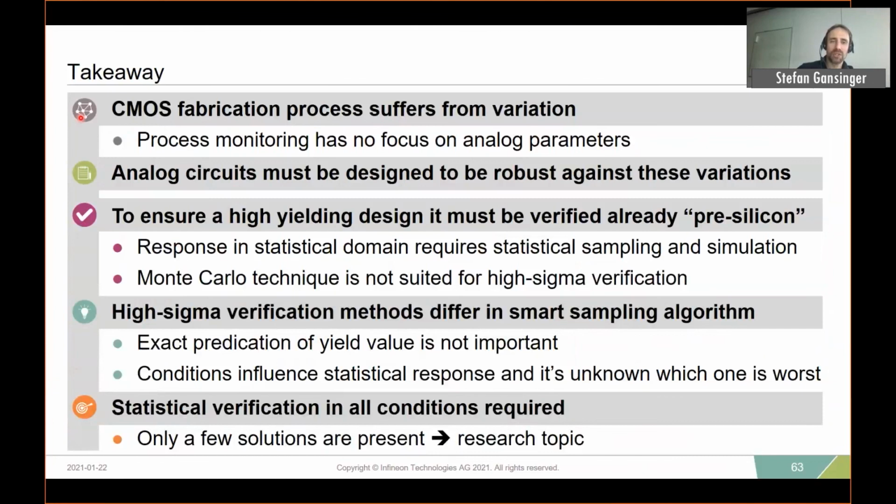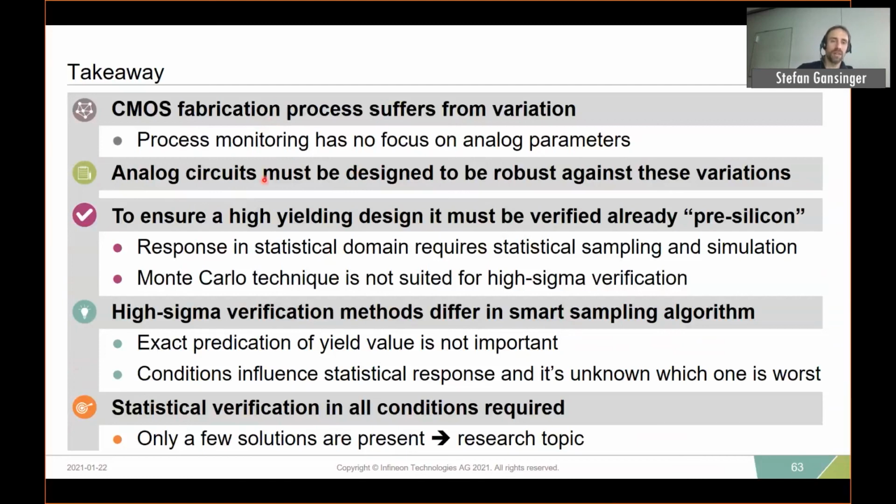In the beginning, I tried to show you that the CMOS fabrication process suffers from certain variations. Yes, there are some monitoring structures on a wafer, the PCM structures, but these structures do not have a focus on analog parameters. So we analog designers have the task to make our circuits robust against these variations.